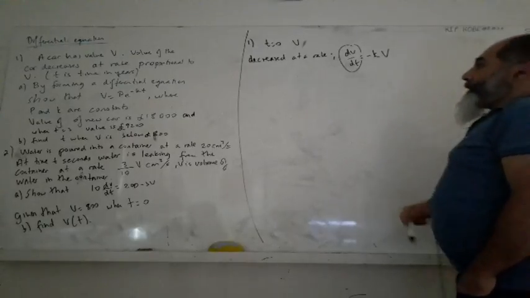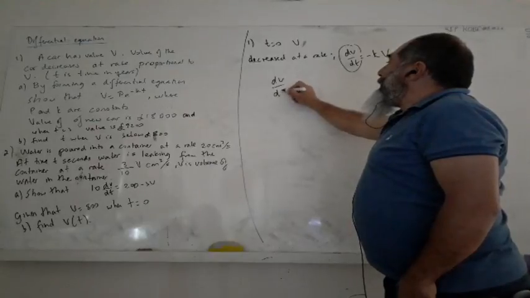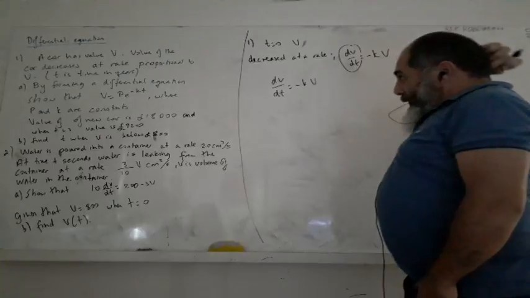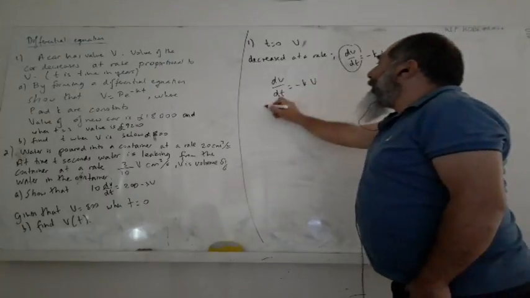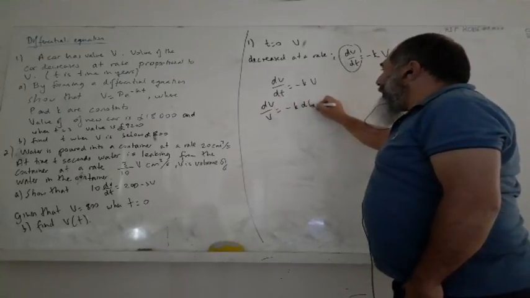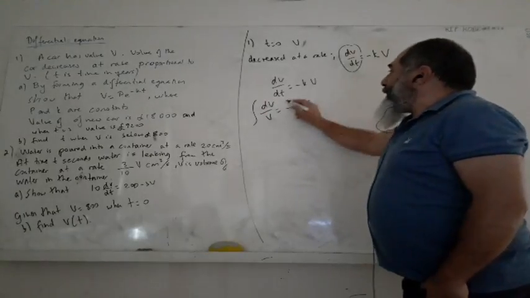Now, if dV over dt is equal to minus k times V, to be able to solve this one, I am going to separate the variables. dV over V is equal to minus k times dt, and to solve the equation we have to integrate.